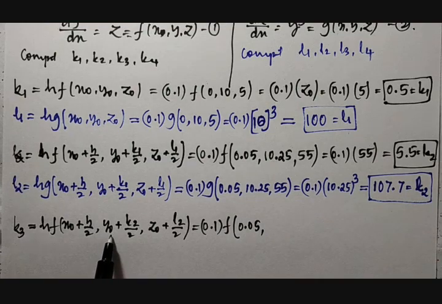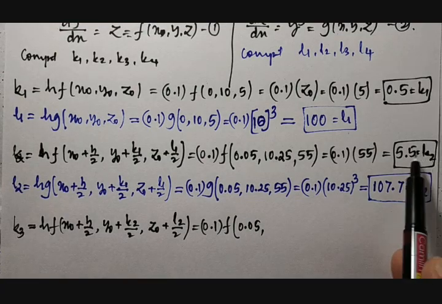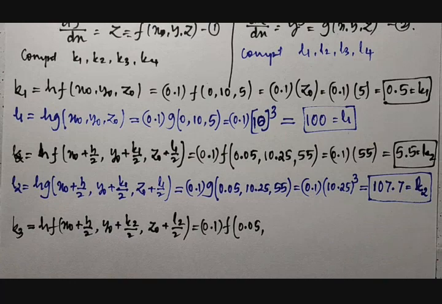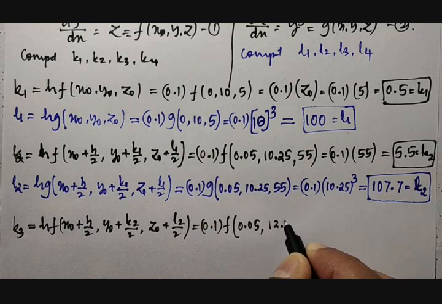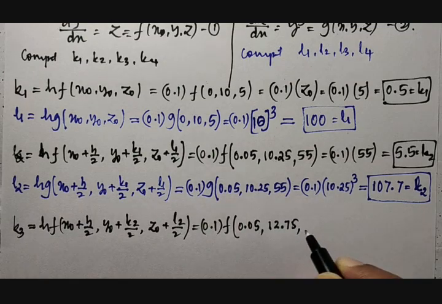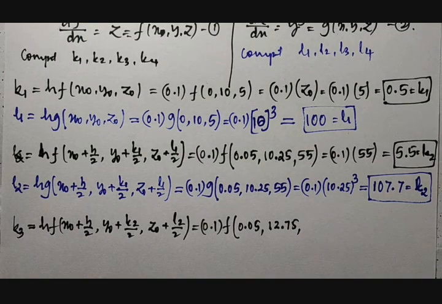Then y naught is 10, k2 is 5.5, 5.5 by 2, then it is 2.75. So it is 12.75. Then z naught is 5.